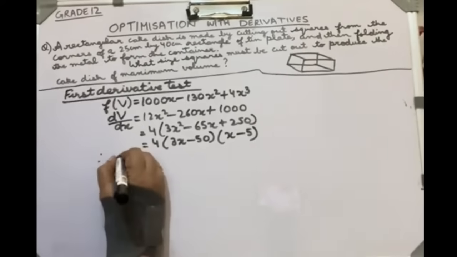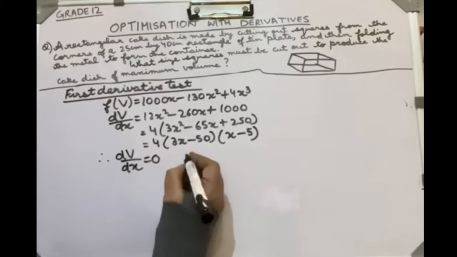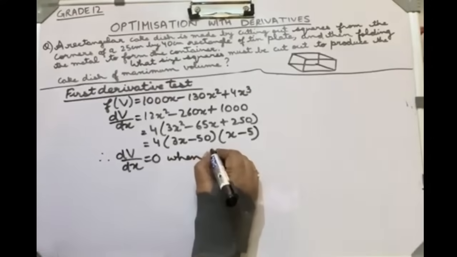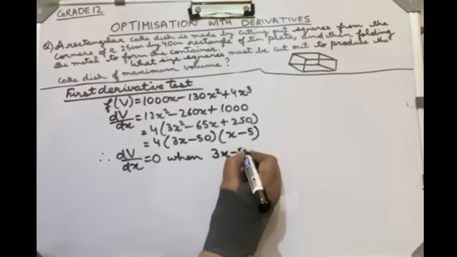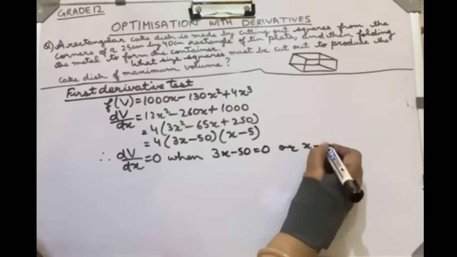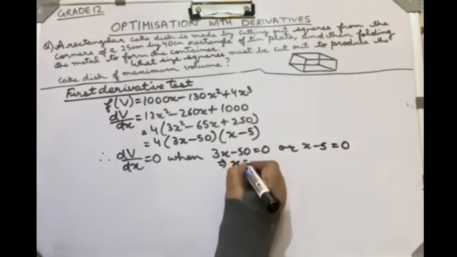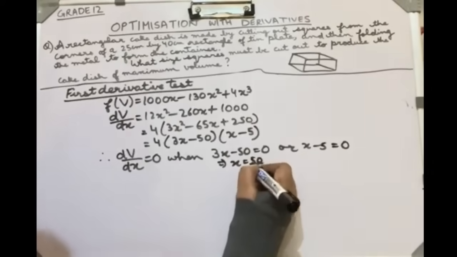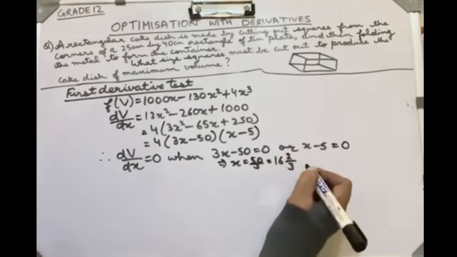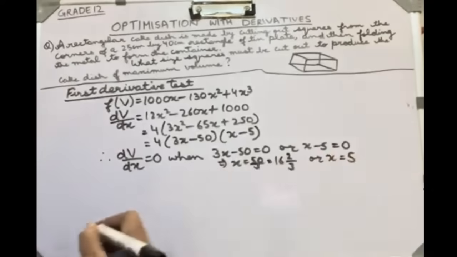So dV by dx is equal to 0 when 3x minus 50 is 0 or x minus 5 is equal to 0. So x is equal to 50 by 3, which is 16 2 by 3 in mixed fraction, or x is equal to 5.